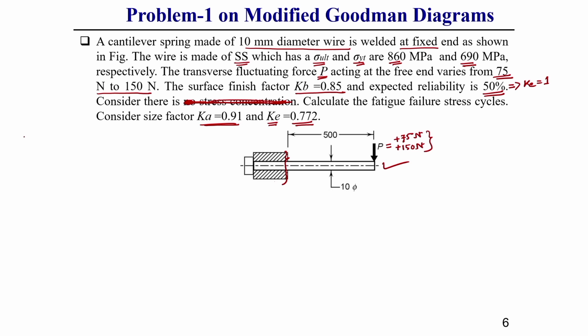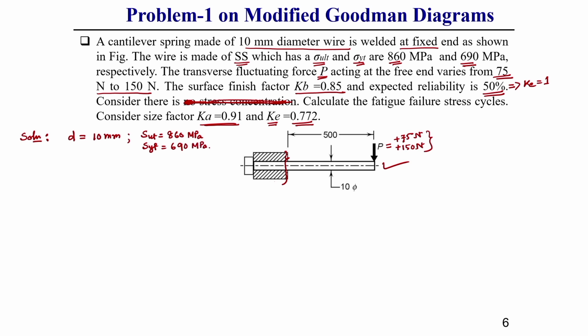So, a cantilever spring is made up of 10 millimeter diameter. Here I am writing what things are given. So, I am doing the solution. First of all, the diameter of this spring is given as 10 millimeter. In this problem statement itself, it has given the other parameters: ultimate strength is given as 860 MPa, yield strength is given as 690 MPa.